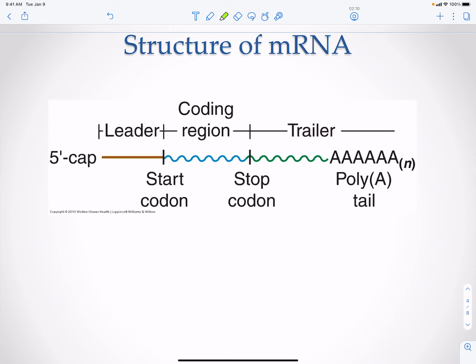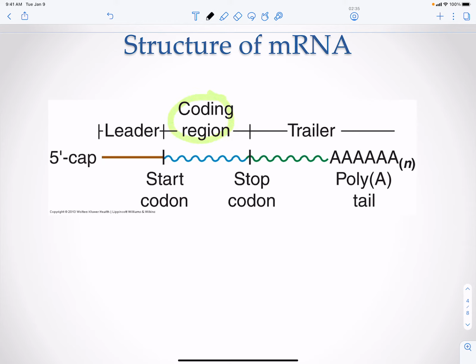Now, the structure of our messenger RNA is important. So the messenger RNA is going to be, in eukaryotes, have certain structures that are always present. So we're always going to contain a sequence that is going to convert the amino acid during translation. So we have our coding region.